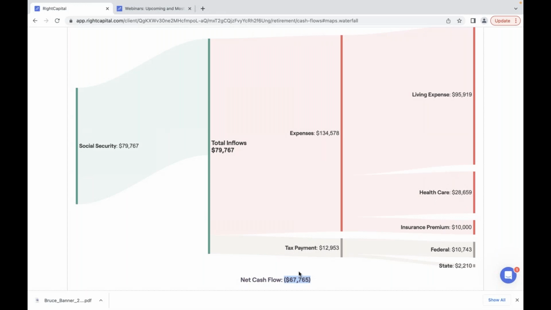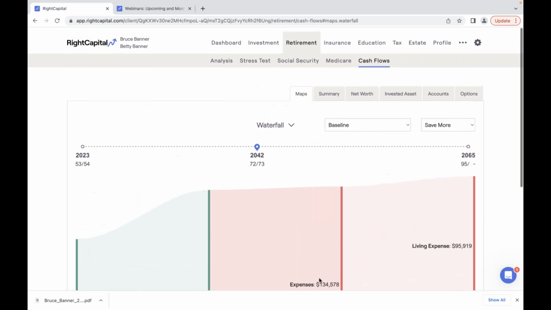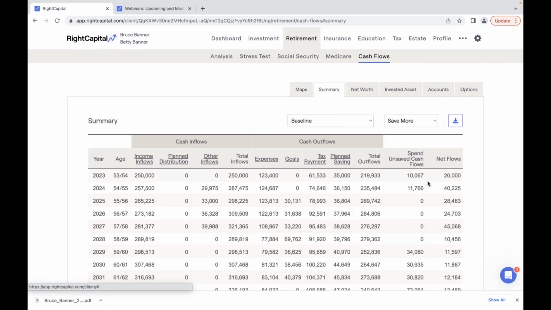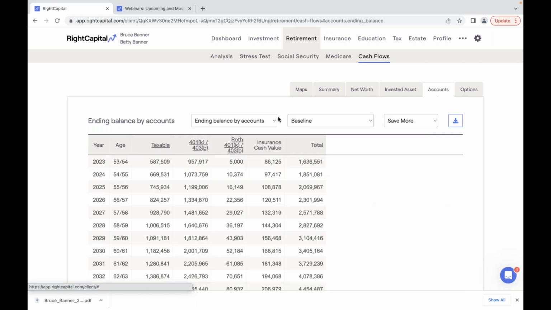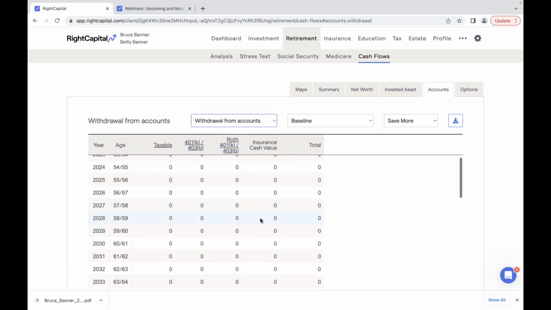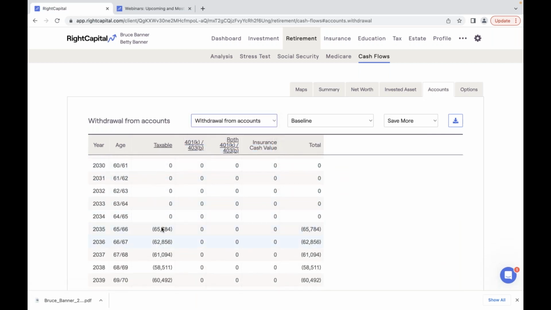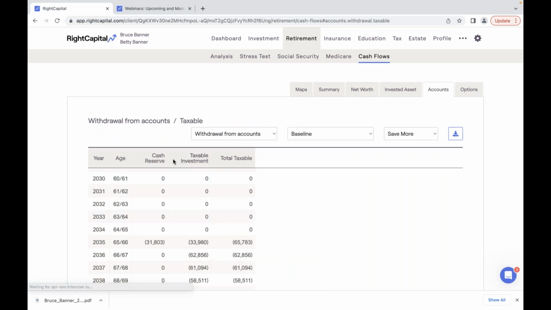If it's a positive value, in most cases, it's taxable savings. If it's negative, that's just what we need to draw down to fund the deficit that we see in a given year. And if you see that in a given year, you can go to the accounts tab, go to withdrawal from accounts, and you can see where we're pulling that information from. Again, cash accounts, taxable accounts.